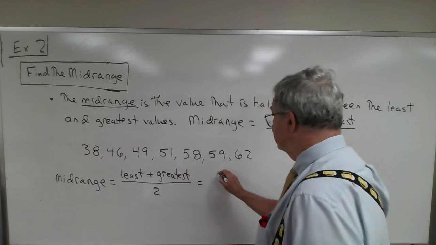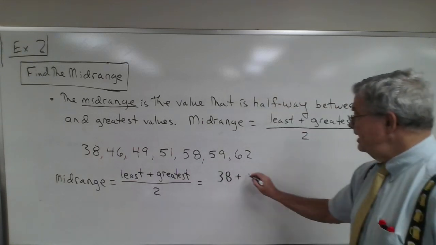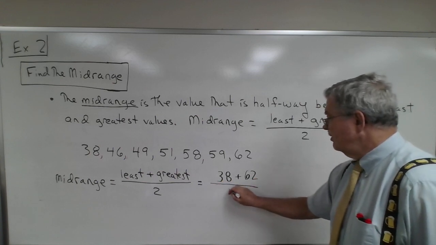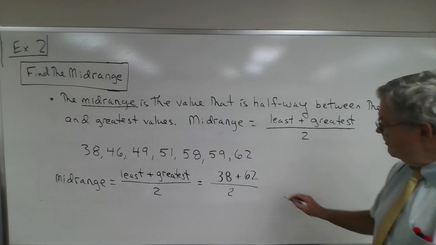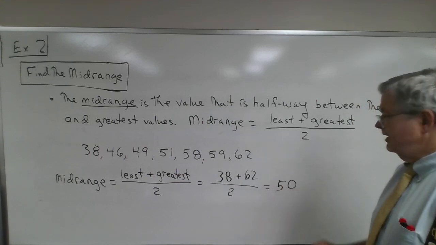The least is 38. The greatest is 62. Son of a gun, I think that's 100 over 2, right? So this is just going to be 50.